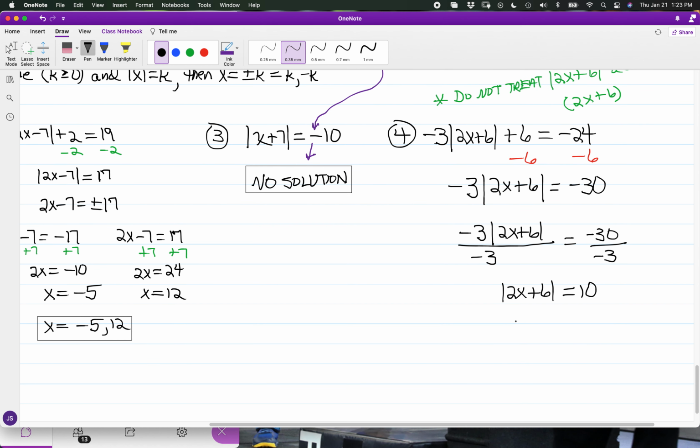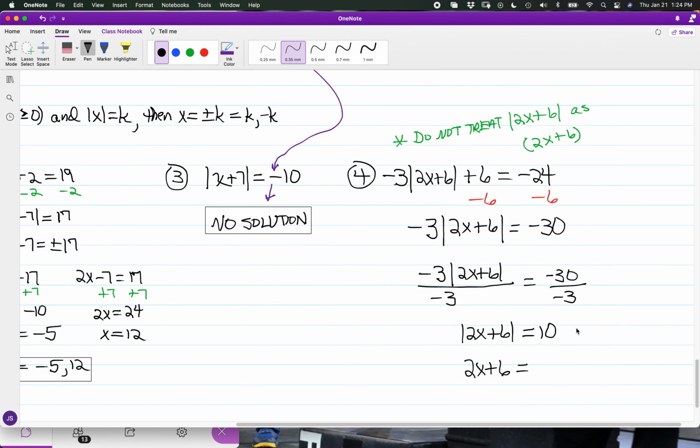So in this case, k is going to come out to 10. And once I take out the absolute value notation, 2x plus 6 will equal numbers that have an absolute value of 10.